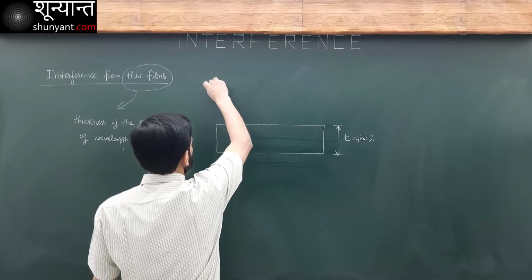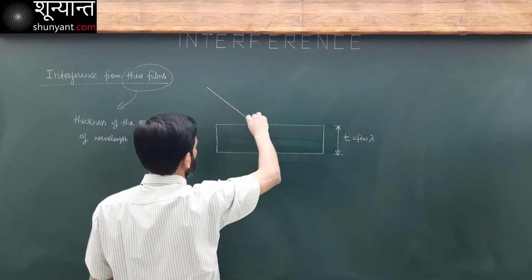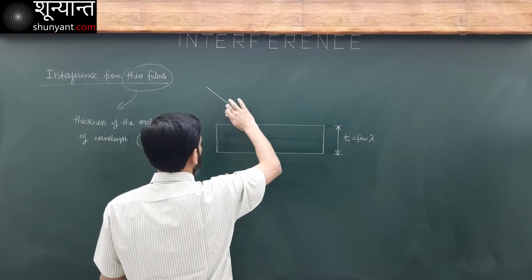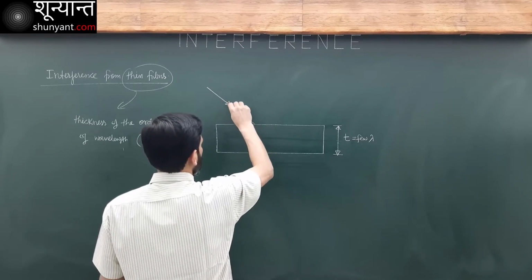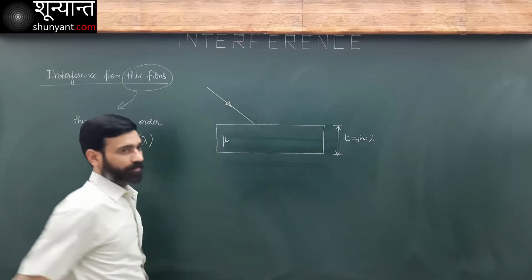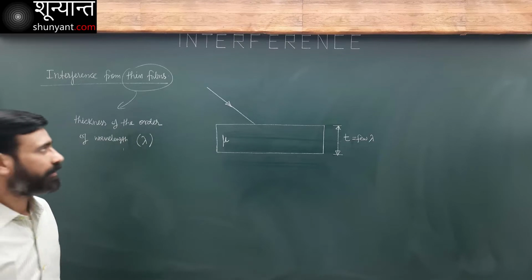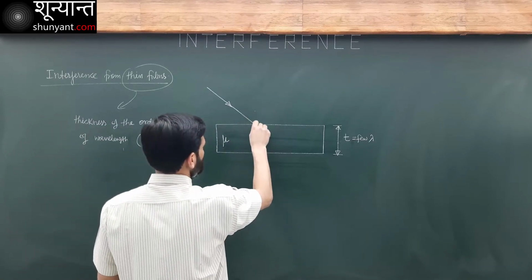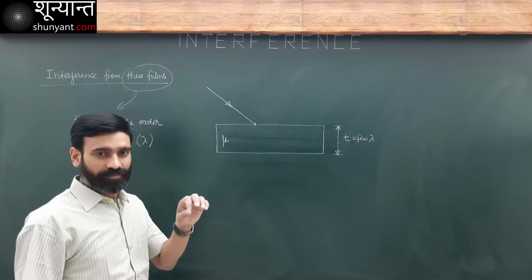On this thin film, a light ray is incident. Let's say this is the light ray. The medium of this film is, let's say, mu. At this point, the medium changes.